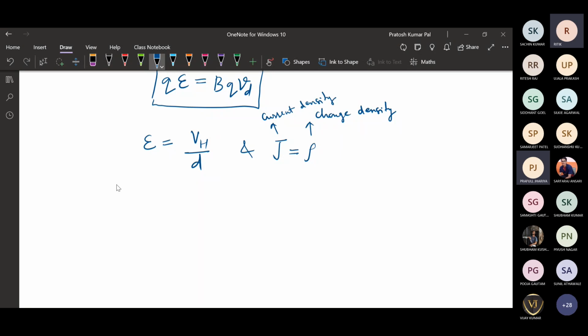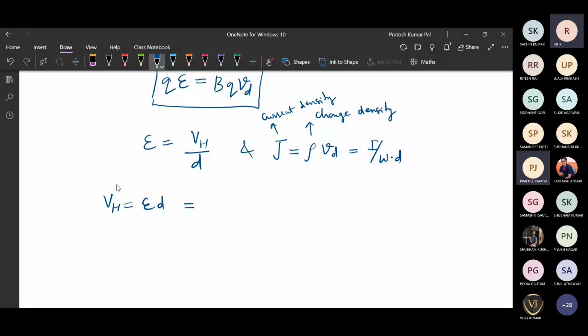So the current density is related to charge density and drift velocity, and this is equal to I by W into D. By putting these conditions we can find that VH will be the electric field multiplied by D. We can find the value of the electric field from here.